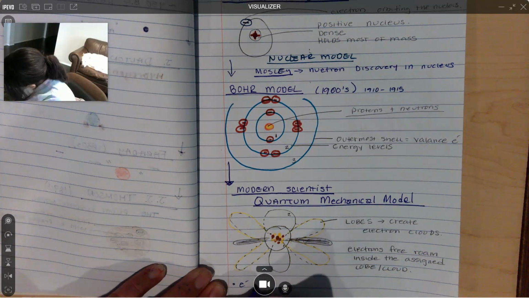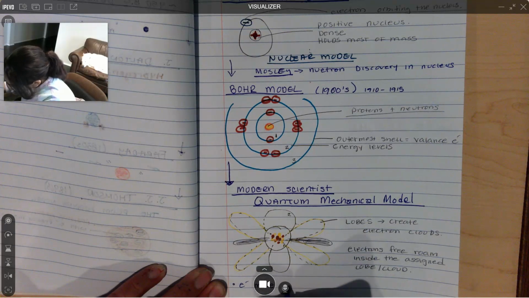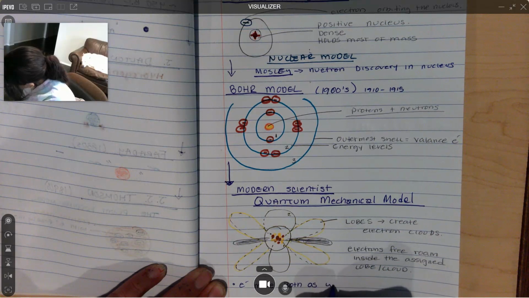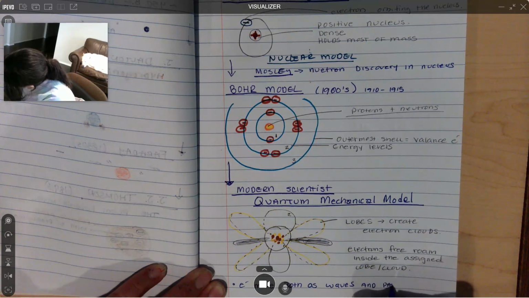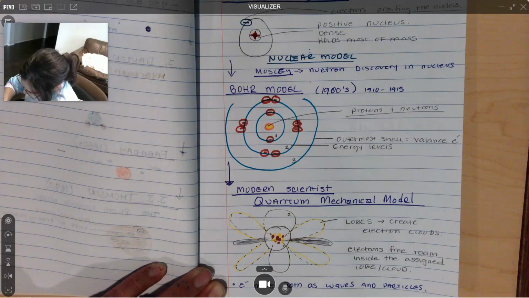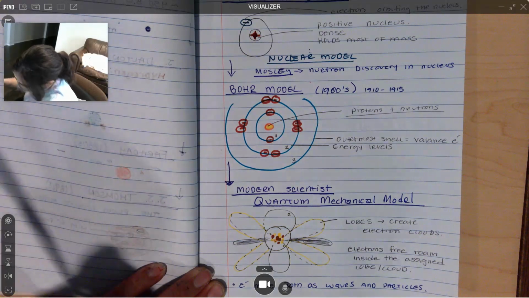Electrons move both as waves and particles. And this is called the wave duality theory.